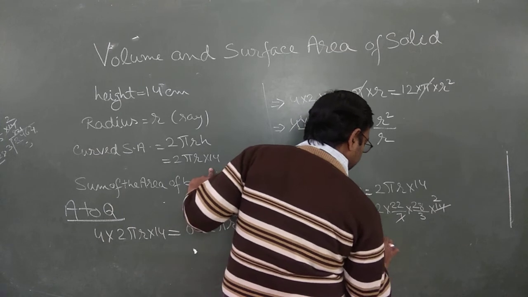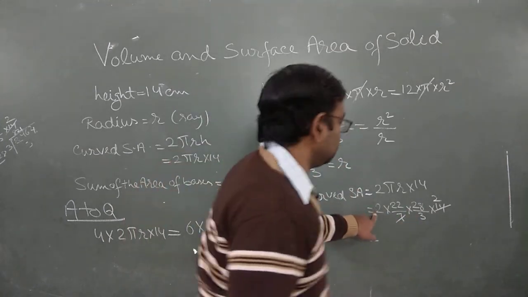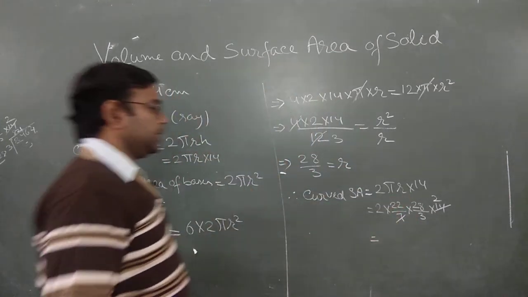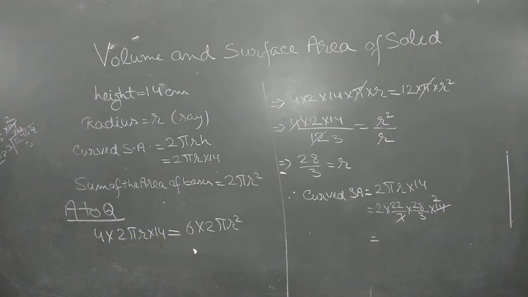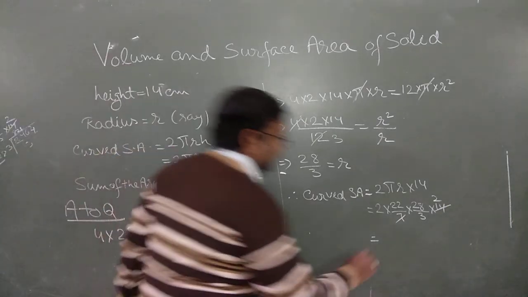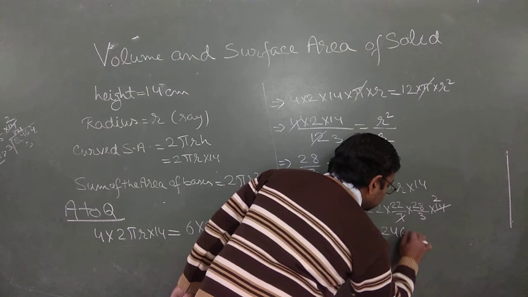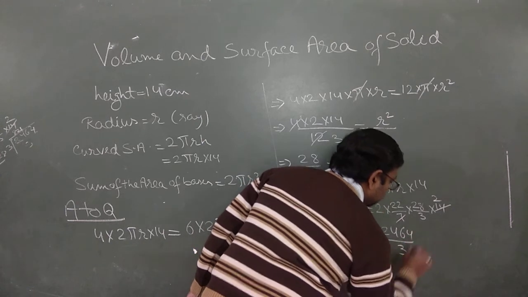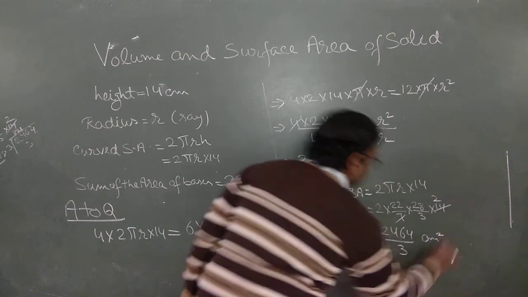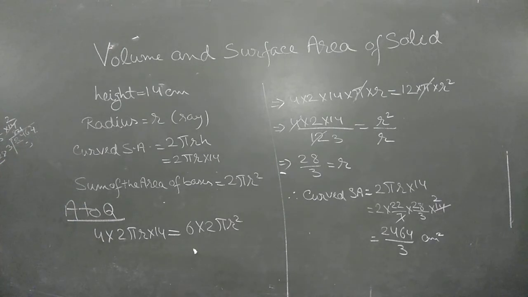Whenever we multiply all these things, 2 2s are 4, 4 2s are 8, 88, and 88 into 28 is 2464. 2464 upon 3 centimeter square. Hope this is clear to you. Move to the next question.